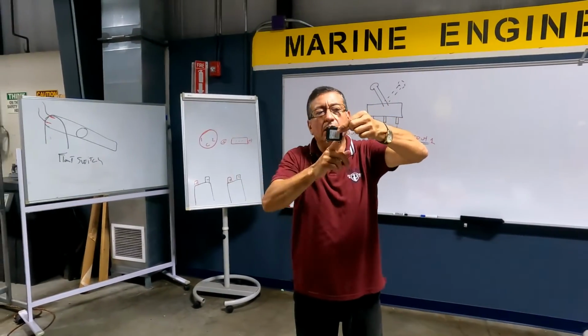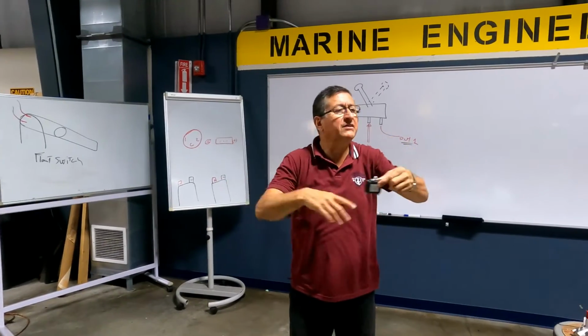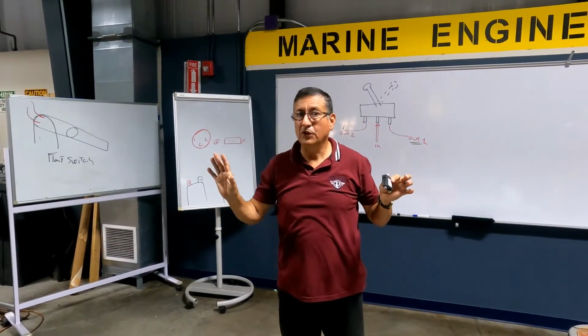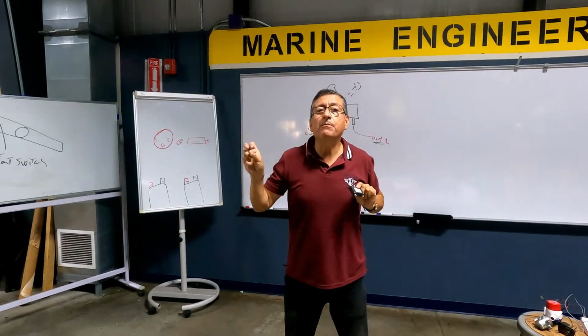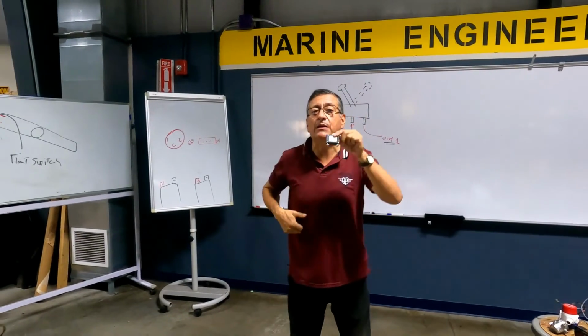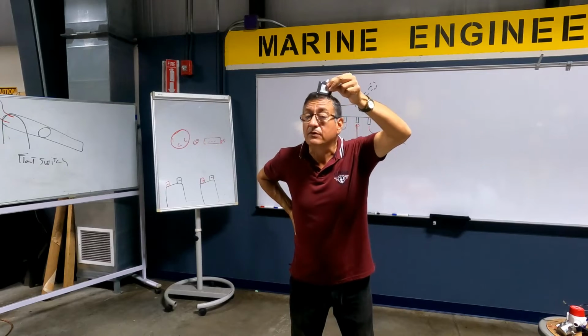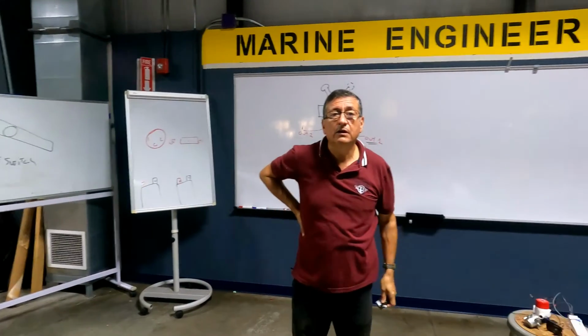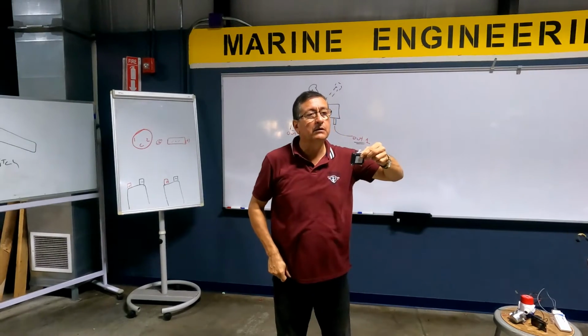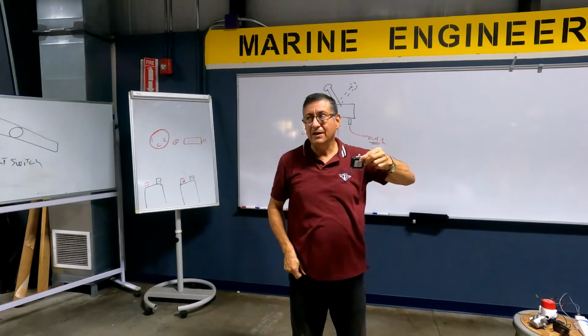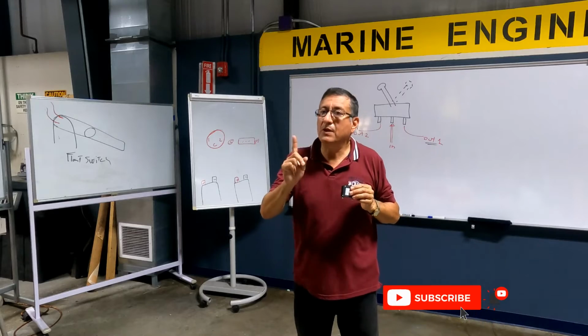I can put the input here or here. Don't forget, if I have positive and negative, where do I connect the positive and where do I connect the negative? No negative. The same positive is interrupted and continues here. You interrupt the same wire.